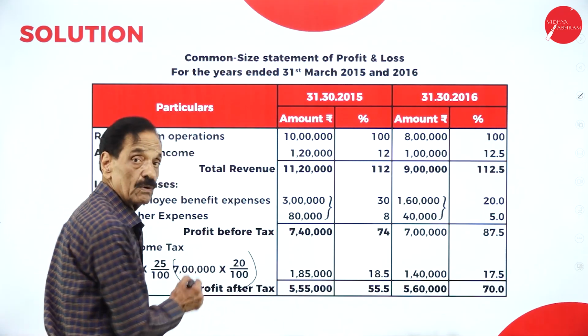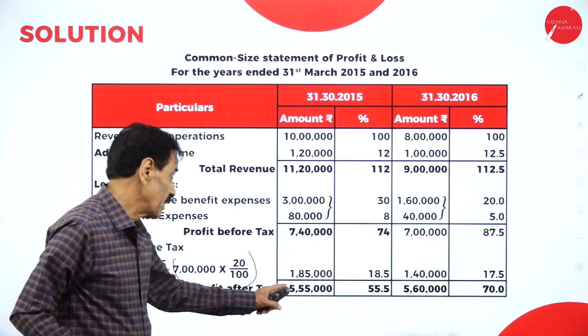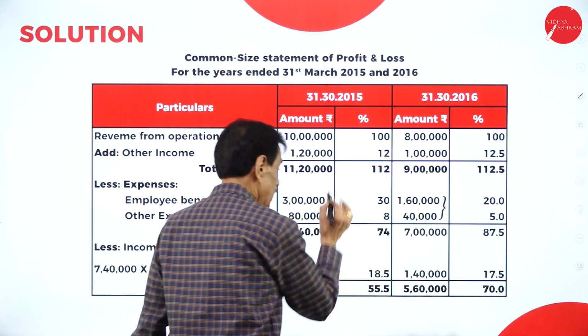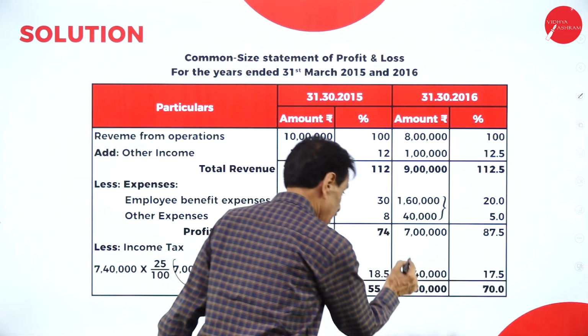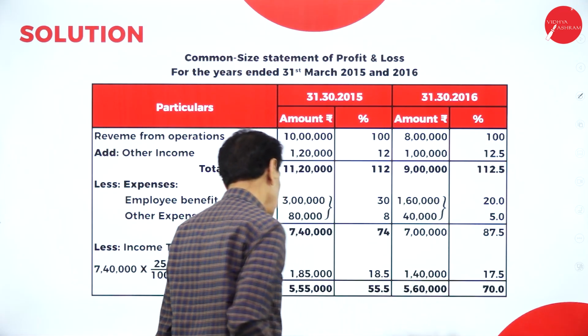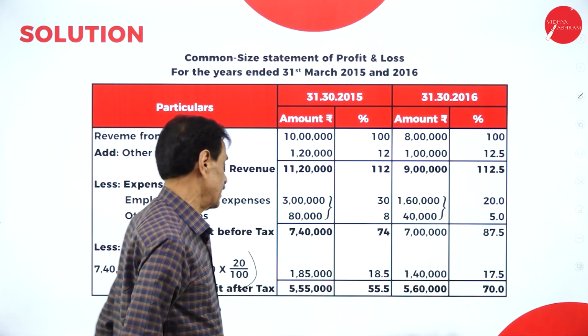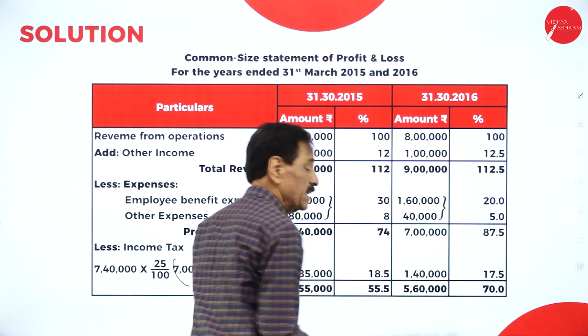So 7 lakh 40,000 deduct 1 lakh 85,000, it becomes 5 lakh 55,000. 74 minus 18.5 is 55.5. 7 lakh minus 1 lakh 40 is 5 lakh 60,000. So 5 lakh 55, 5 lakh 60. So 87.5 minus 17.5 means it is 70.